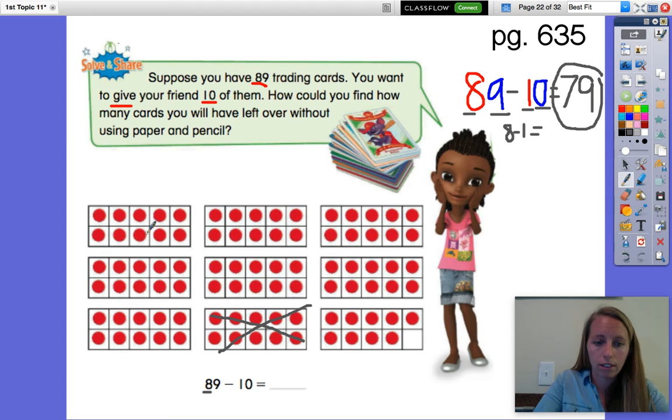Let's count. 10, 20, 30, 40, 50, 60, 70, and 9 left over would be 79. And we got the same answer, right? We can give ourselves a little check. Check, check. We did it using mental math, and we checked it with a drawing to make sure that we were correct. We used tens frames.